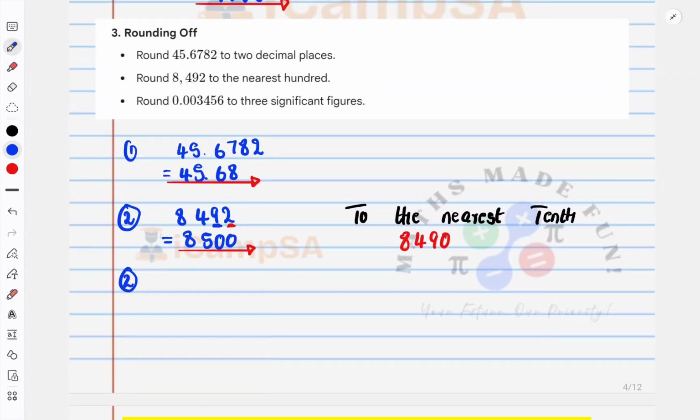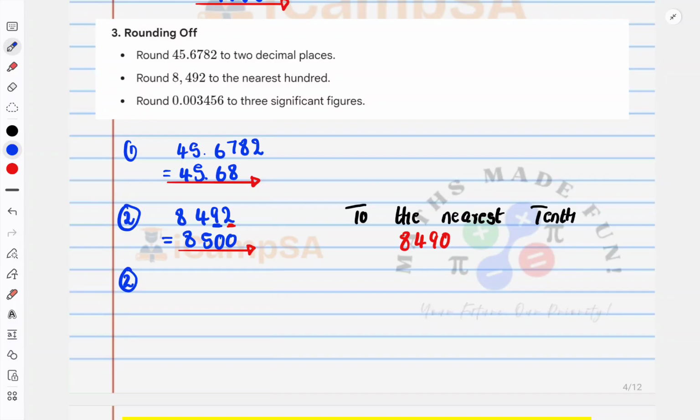Those rules are that the zeros to the left are not significant, and zeros between numbers are significant. We have rules for rounding with significant figures, but we're going to introduce that at a later stage, because I don't think you deal with that much in your mathematics.